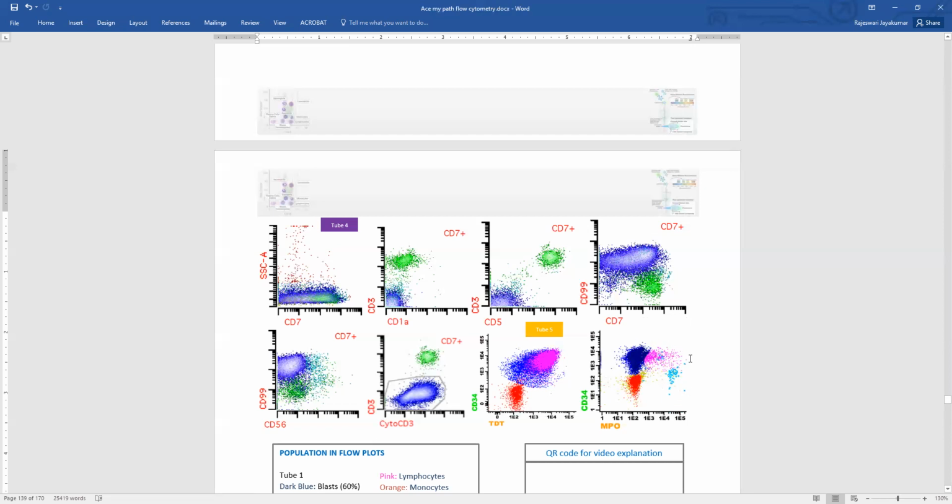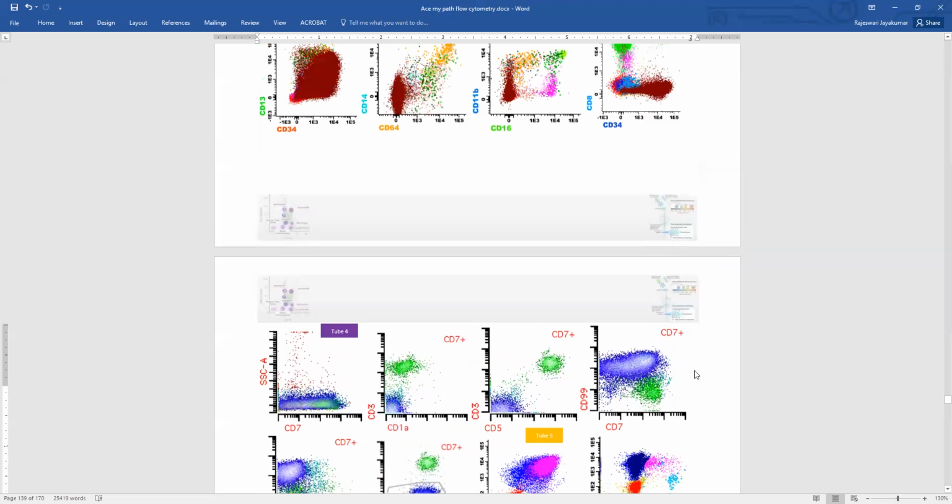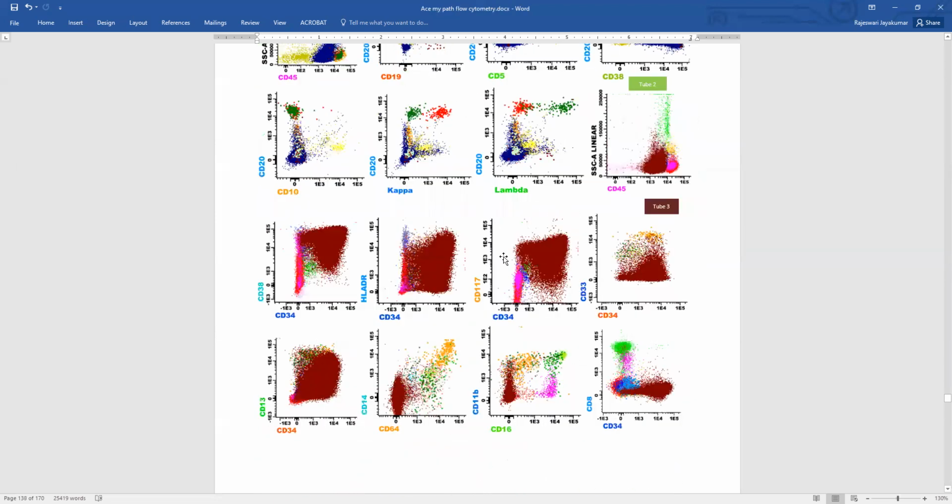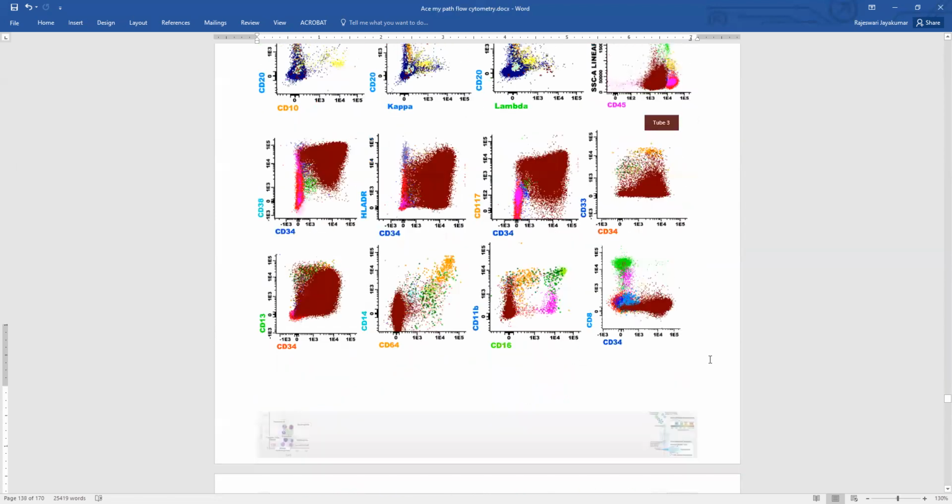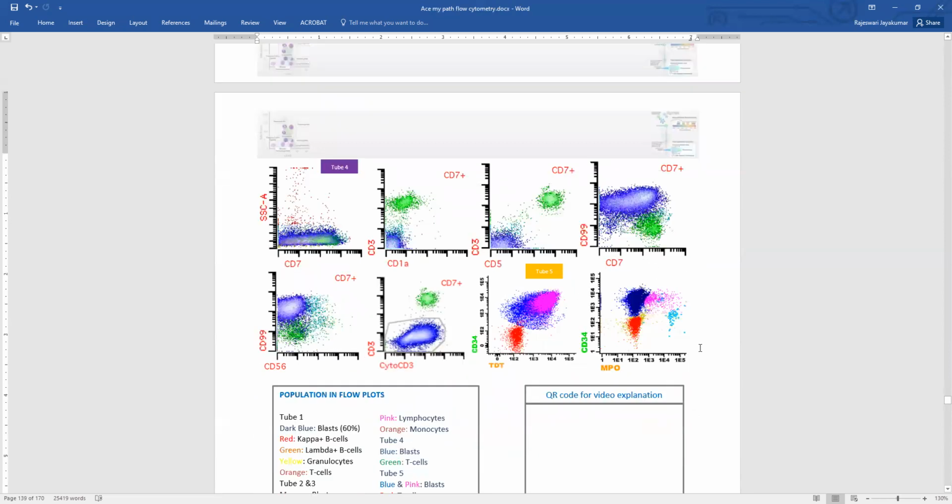Our blasts do not reach the intensity of the MPO positivity here. If you see CD117, almost all of the blasts express CD117, but MPO is typically negative here. So this is a T cell lymphoid blast population that is expressing CD117 and CD13.